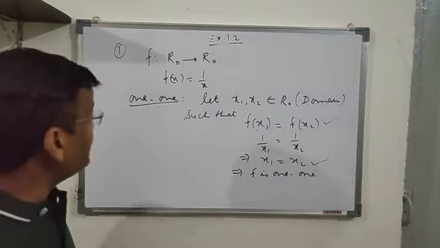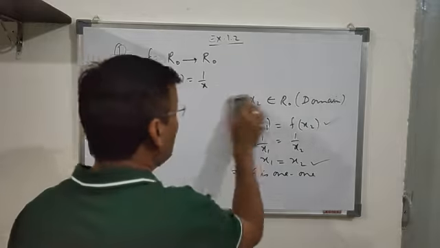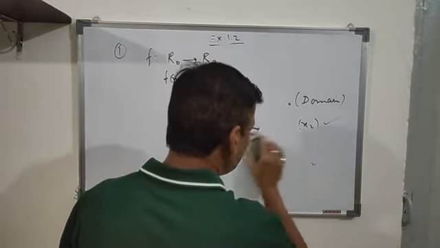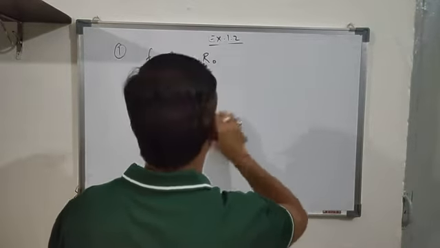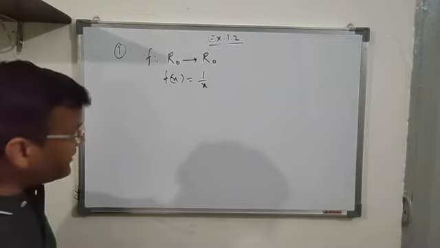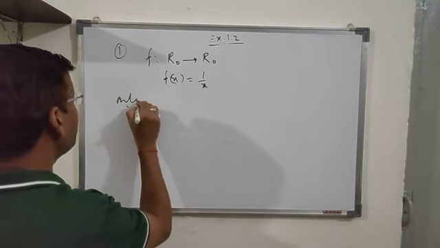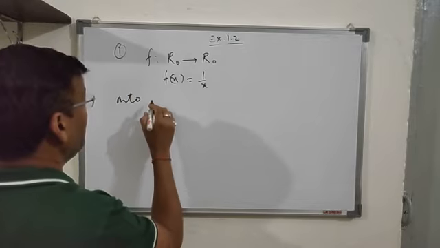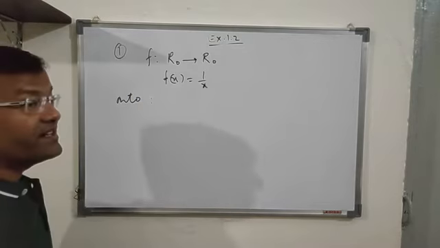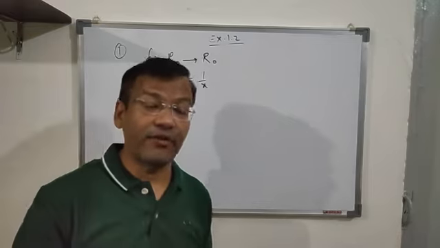Now I am coming to the onto part of it. For the onto part, you have to use your thinking process. So first of all, let's come to the onto, that means surjective. So how are we going to prove the function is onto? Let's recall first of all the definition.